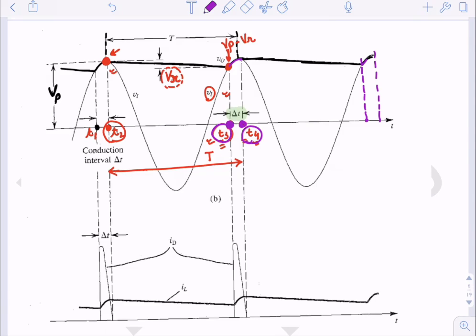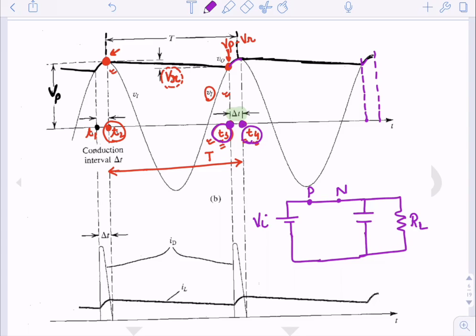Now if we see the circuit when the diode is on, this is the P terminal, N terminal, this is the input Vi, capacitance C is connected here, and a resistance load is connected here. So in this time instant from t3 to t4, the diode is on, so the diode current ID will flow, and if we apply KCL here, we can see that ID will be equal to the capacitor current and the load current. So ID is equal to IC plus IL.